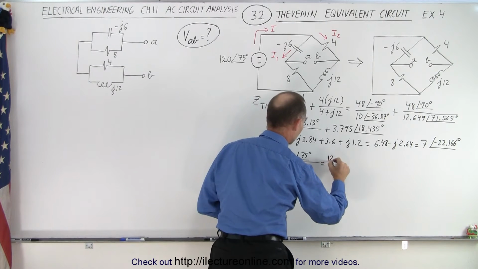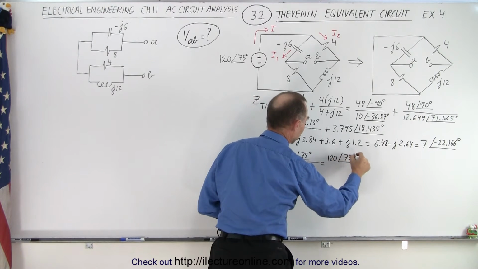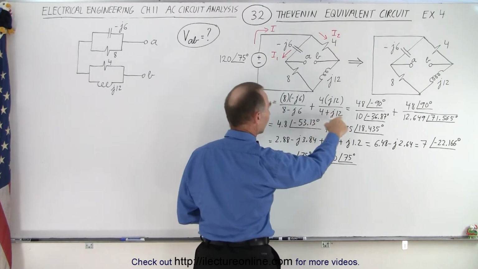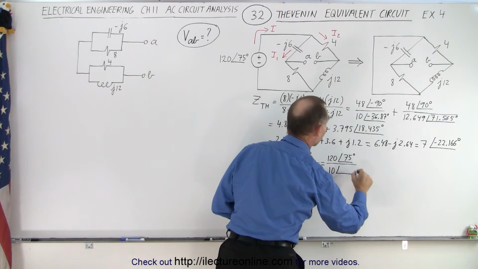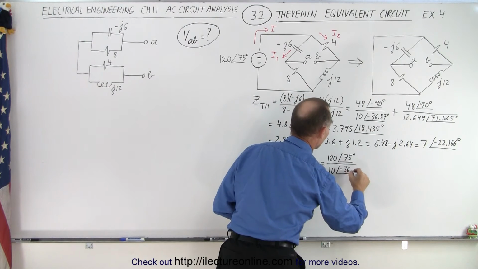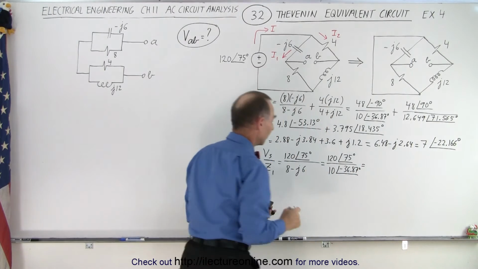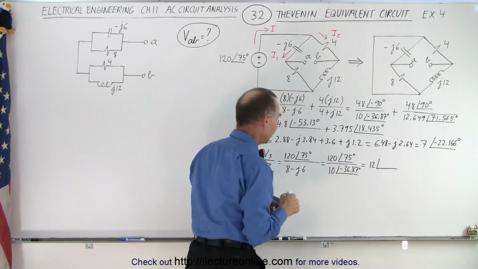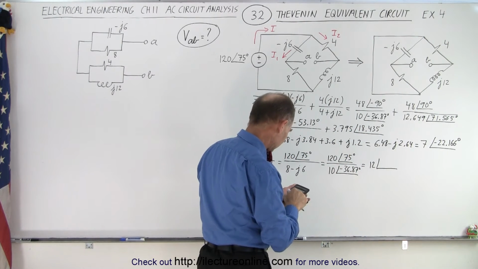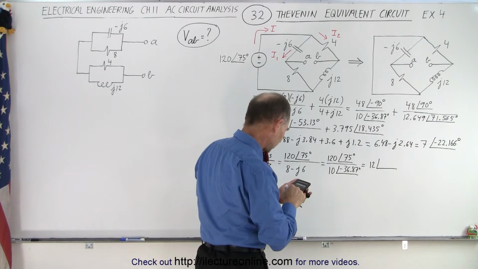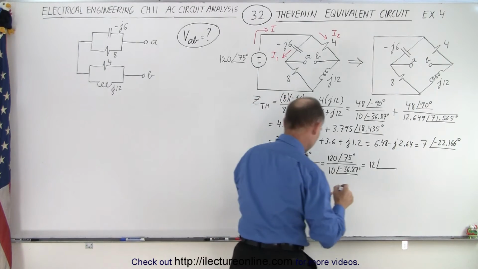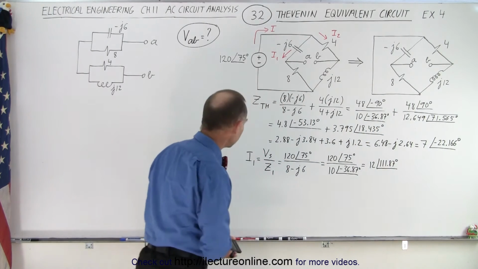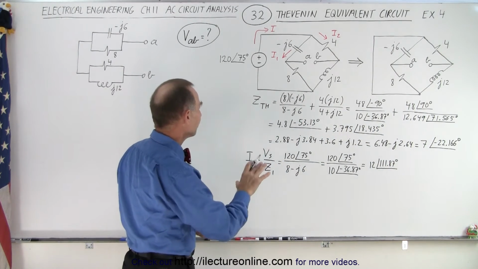That is 10 with a phase angle of minus 36.87 degrees. So that would be 12 with a phase angle of 75 plus 36.87, which is 111.87 degrees. Okay, so that's current 1.